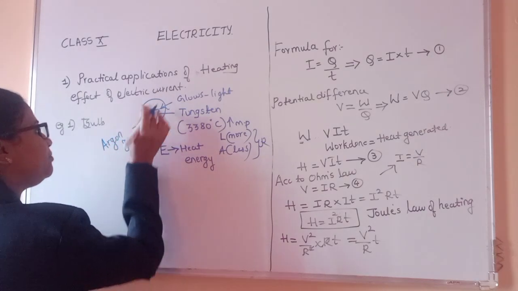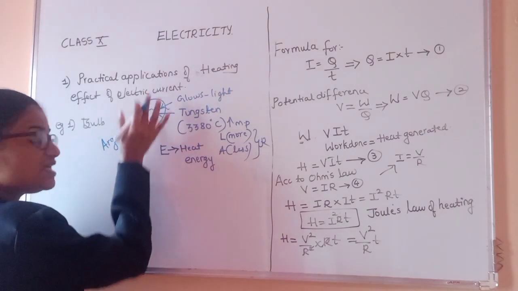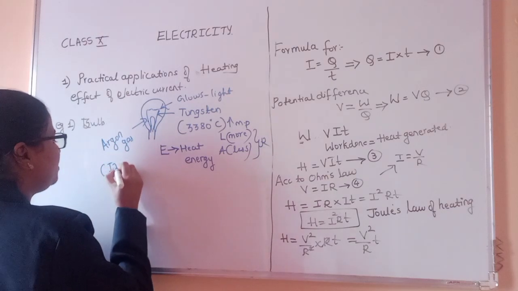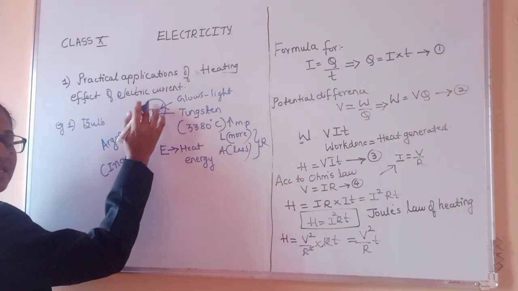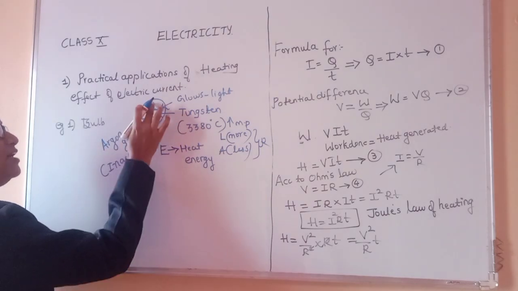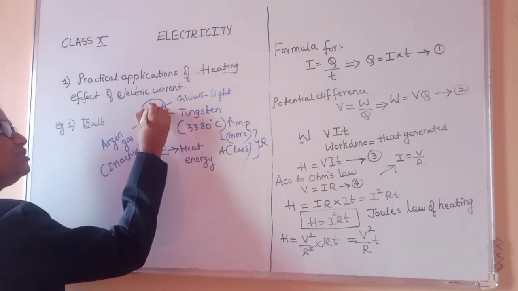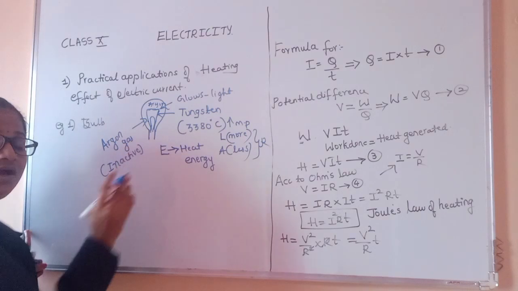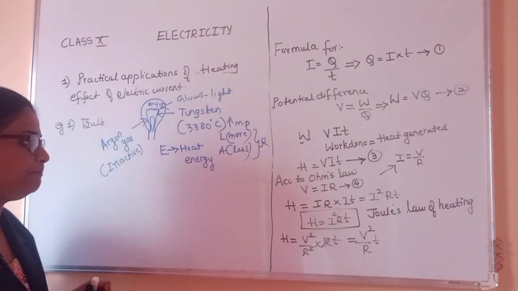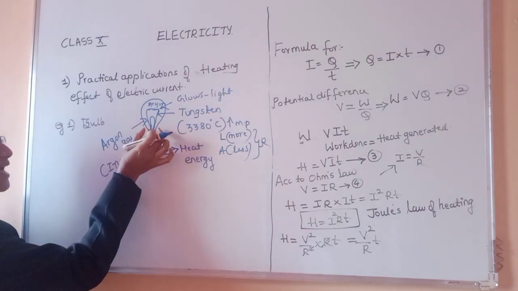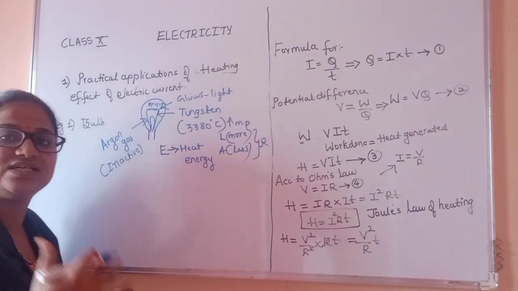Argon gas makes the atmosphere inside the glass inactive, meaning the heat will affect only the filament and not this region, because it is filled with argon, an inactive element. So like this, the heating effect of electric current gives us light.